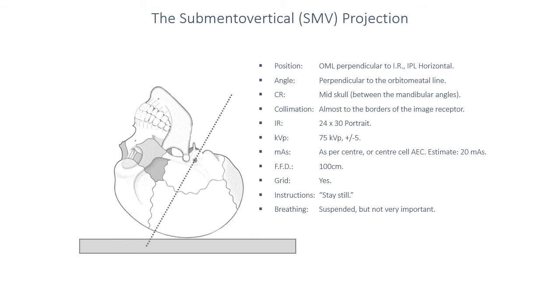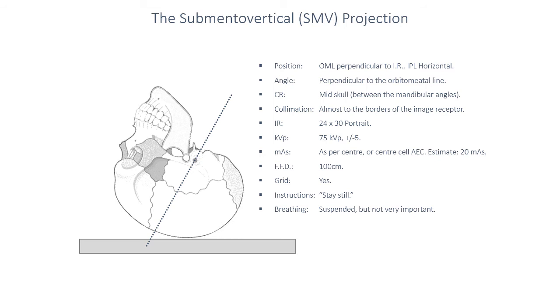When a patient presents for an SMV projection, essentially you're going to have the central ray passing through the patient's orbitomeatal line at 90 degrees. The patient's orbitomeatal line ideally would be a horizontal structure, and that would be achieved by having the vertex or the top of the patient's head in contact with the image receptor.